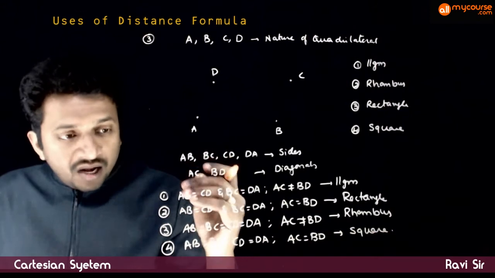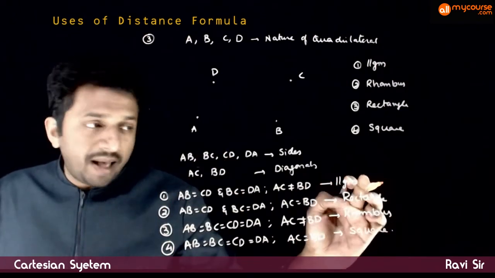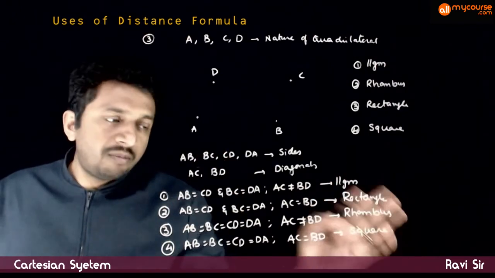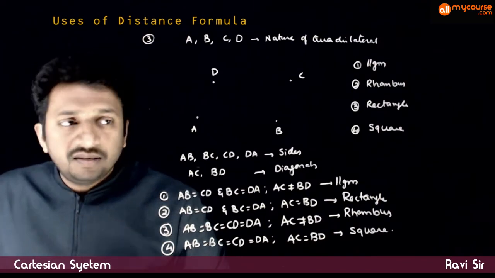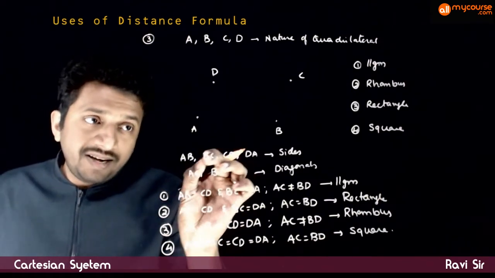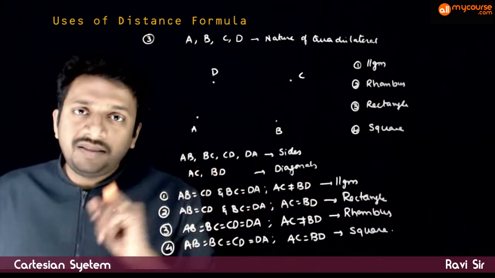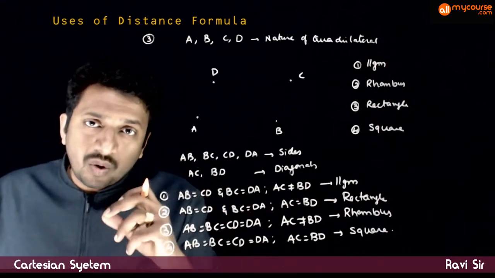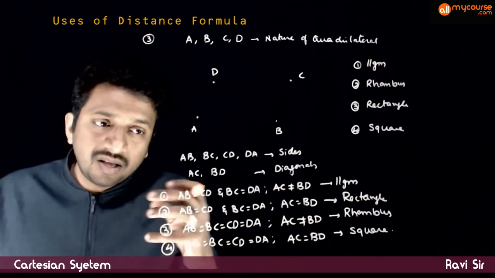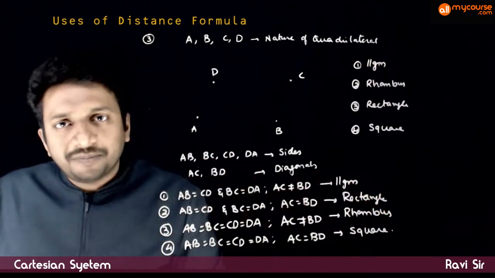So this is how you check whether the figure is a parallelogram or a rectangle or a rhombus or a square. You need to find 6 lengths, and from these we can determine the nature of the quadrilateral. We can see whether the quadrilateral is in any way special.